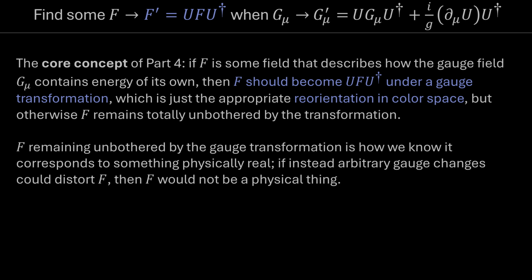And the way to look at that is, as we hop from one gauge to another, F is going to reorient itself properly in color space, which is totally appropriate. But other than that, it's not going to transform. And so it's not going to be messed up.